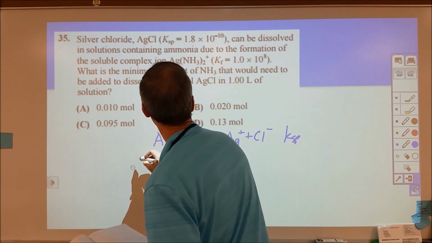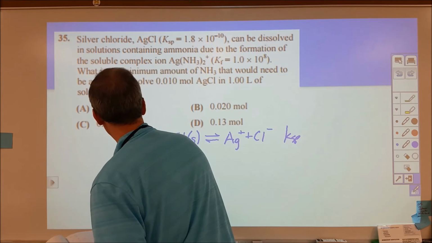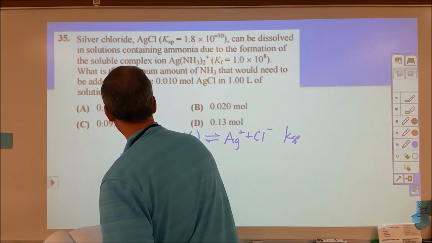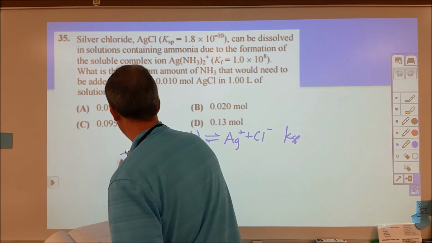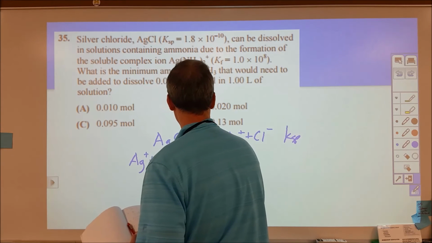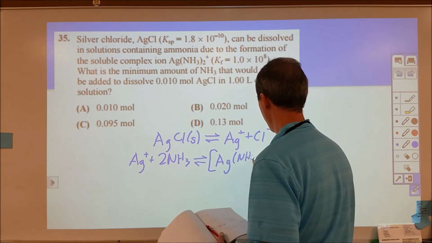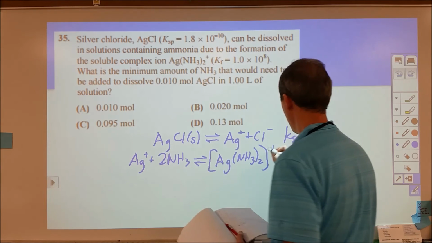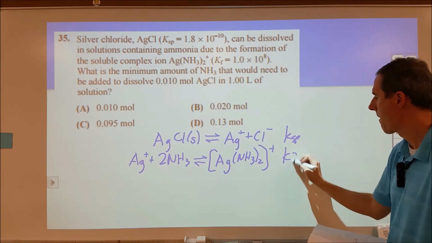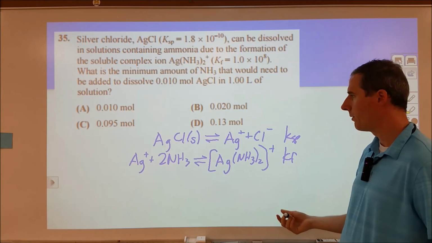And we have a second equation, which is the formation of the silver ammonia complex. So what we want to know is what the combination of both of those reactions is.